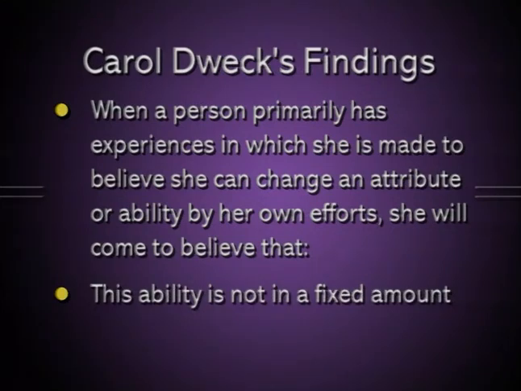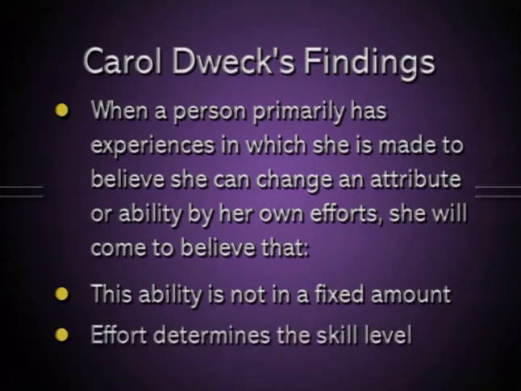It isn't a particular level, that effort determines the skill level that she can develop. It's not something that you're born with. And in this case, a person's more likely to try harder after failures. Interesting. The effect of failures on somebody who believes that effort makes a difference and you can change an ability is to use those failures for feedback and try harder, and to accept challenges, to take risks. Even though you know you might fail, it gives you a chance to develop your skills.